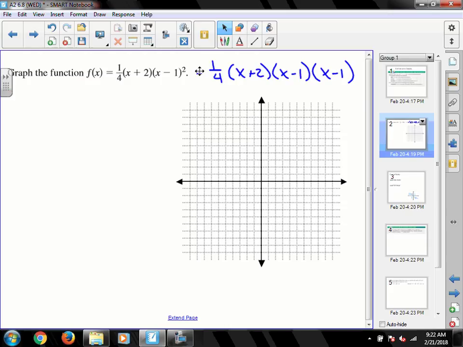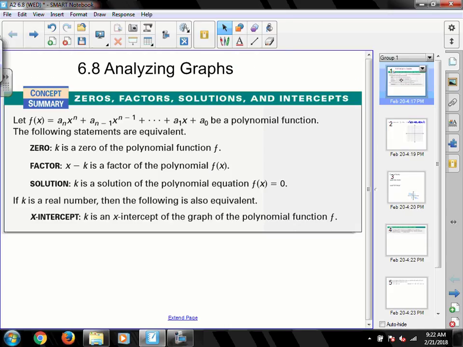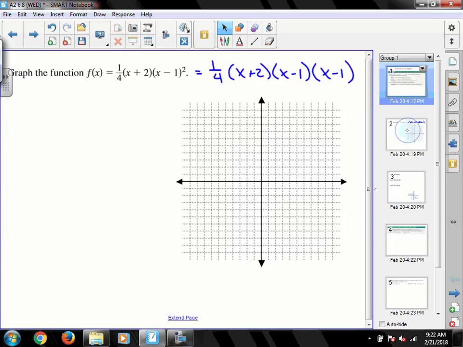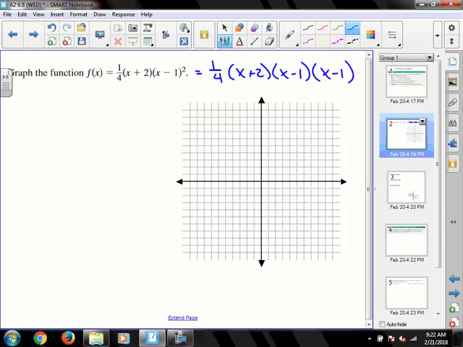Okay? Since you know that these are factors, they're going to be x-intercepts too. So that means I have x-intercepts at -2 and 1, right on the x-axis at -2, right on the x-axis at +1.